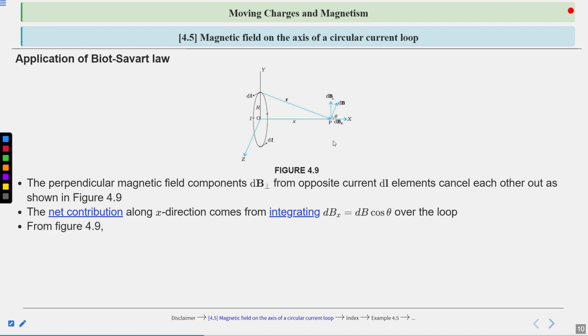So from figure 4.9, what is cos theta? The angle between dB and x is theta.